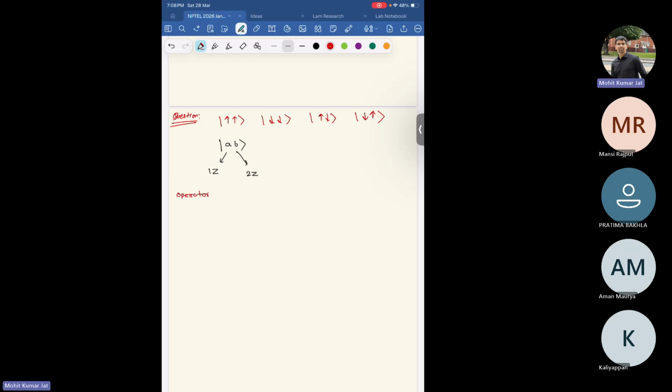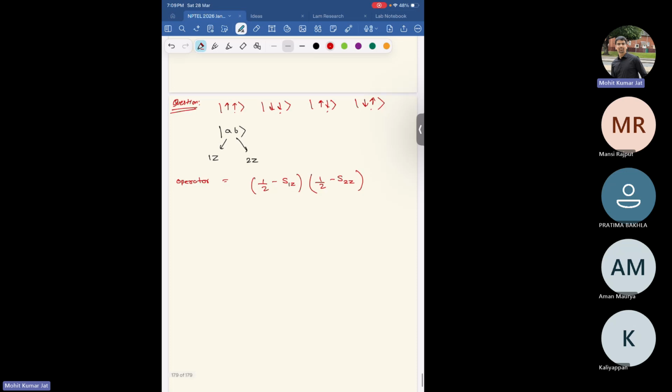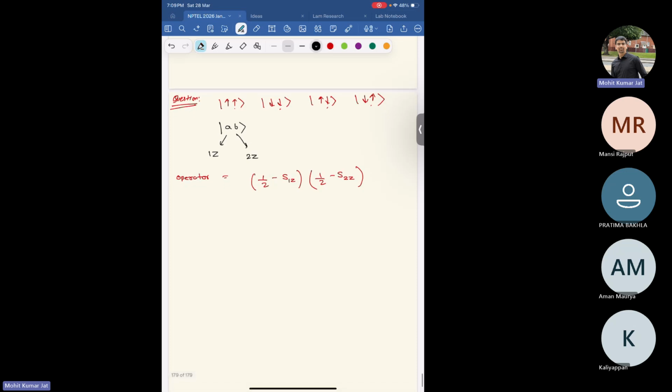The operator in my question is half minus S1Z, which will operate on the A part, the first spin, and then you have half minus S2Z, which will operate on the second part. Then we'll have to estimate the expectation value.